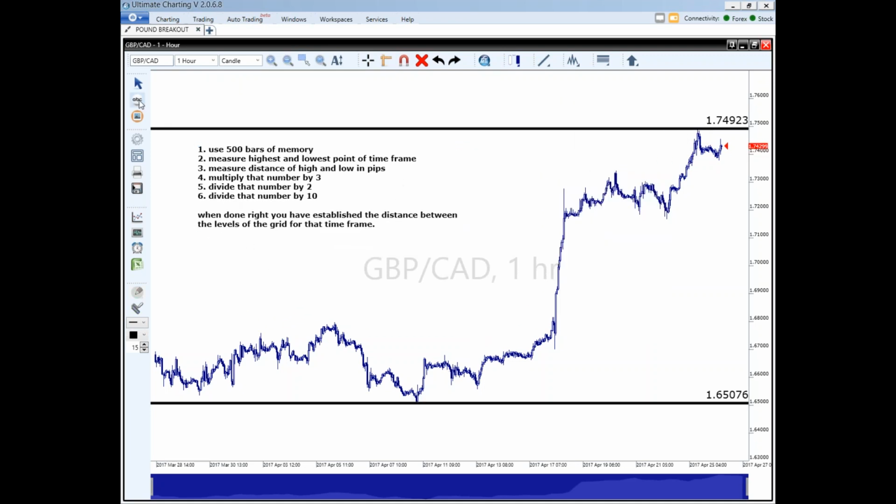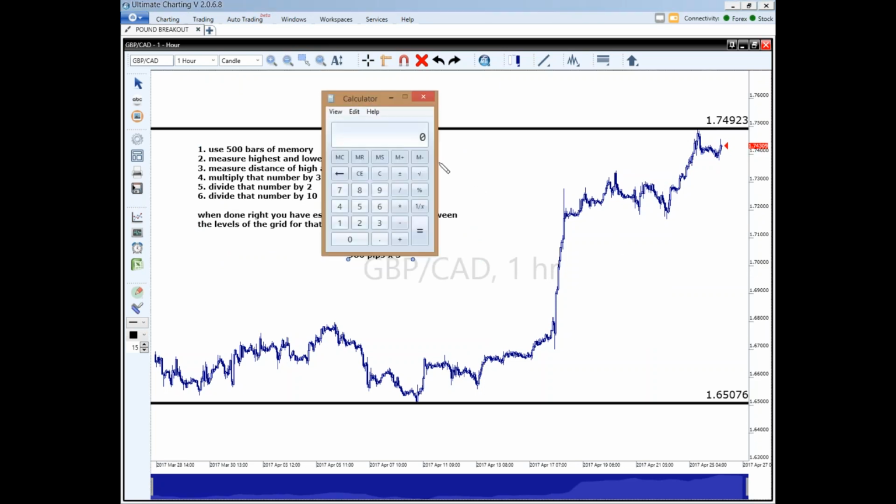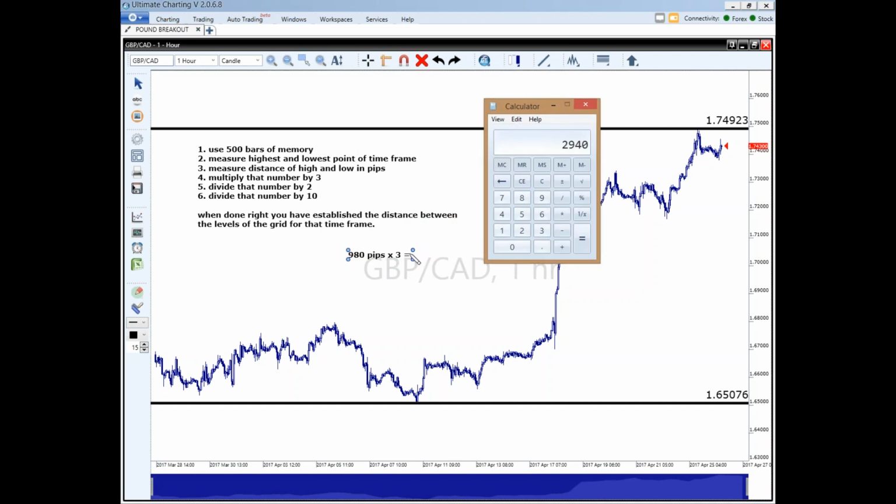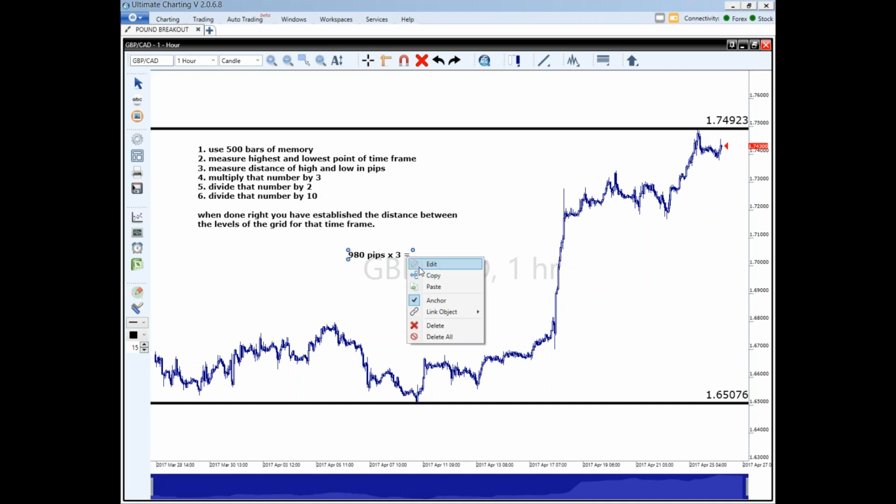So now that we have 980 pips, we multiply that number by 3. When we multiply 980 pips by 3, let me pull up the calculator here. We get 2,940 pips.